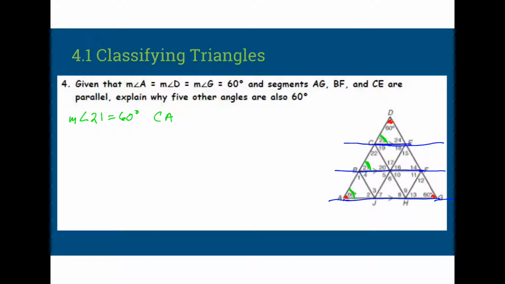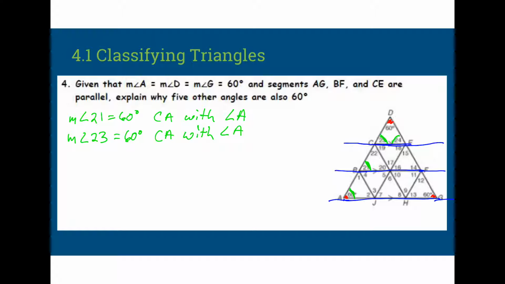Feel free to abbreviate now that we're in a new unit. So corresponding angles with angle A. All right, then I can also say the measurement of angle 23 is going to equal 60 degrees because it's corresponding angles with angle A.